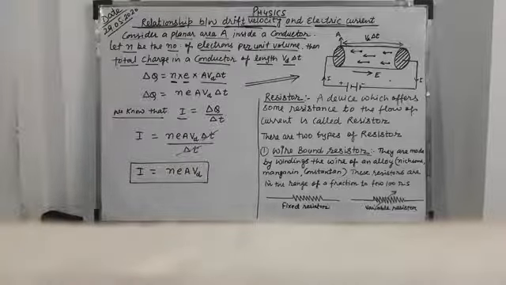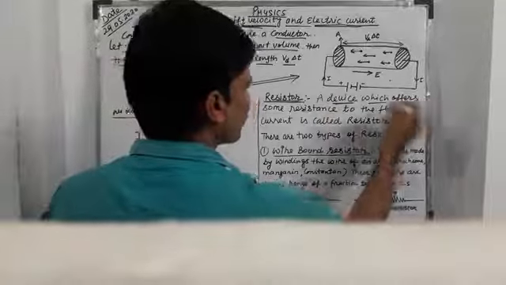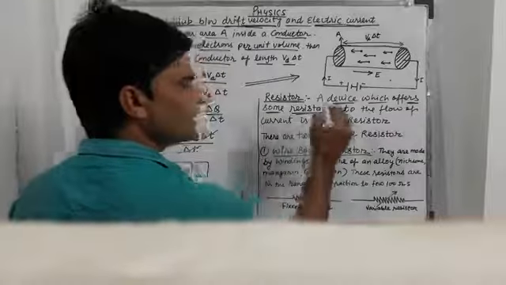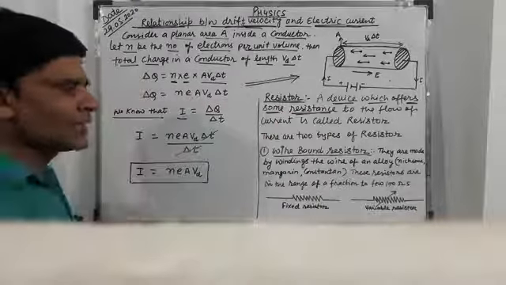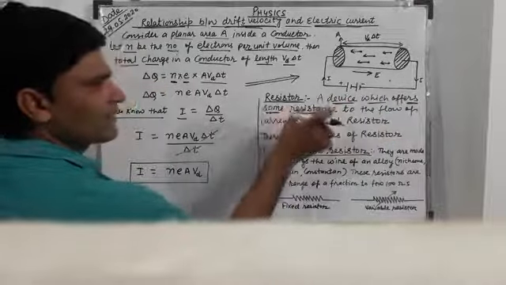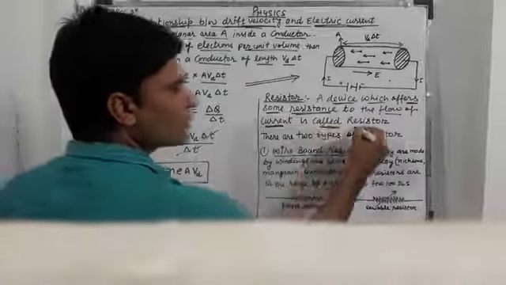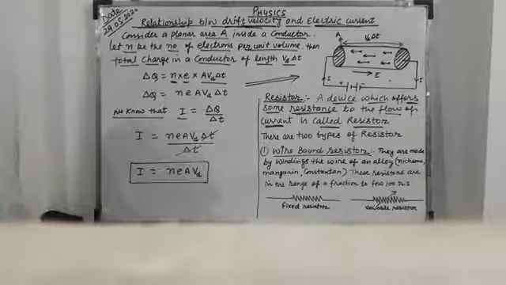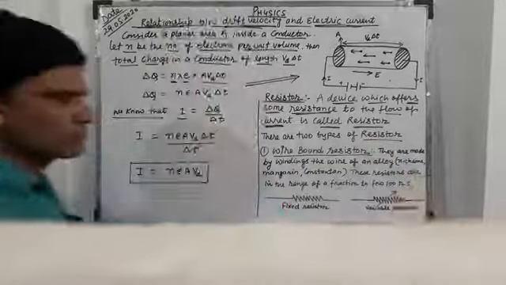Now, resistor. A resistor is a device which offers some resistance to the flow of current, and most of the students know about resistance. There are two types of resistor.